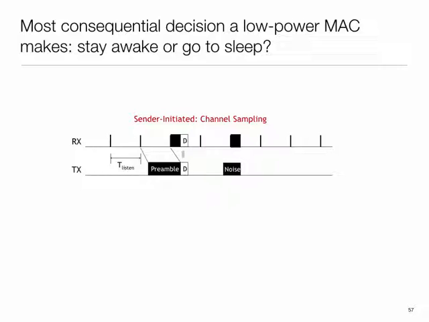So the main thing out here is that what you're trying to optimize is the sleep time. In the sender initiated one, the receiver, whenever it wakes up, looks at the channel: is there something for me?